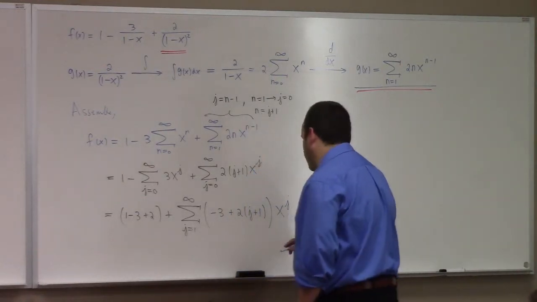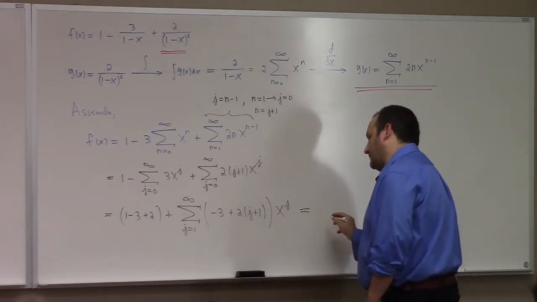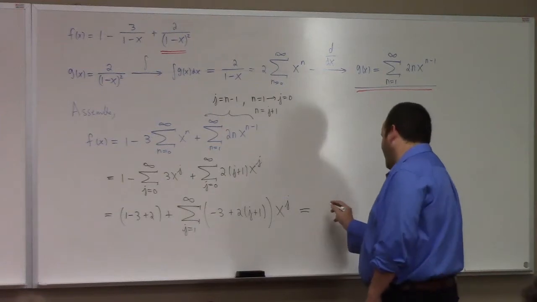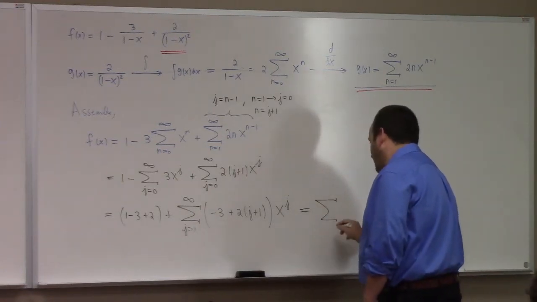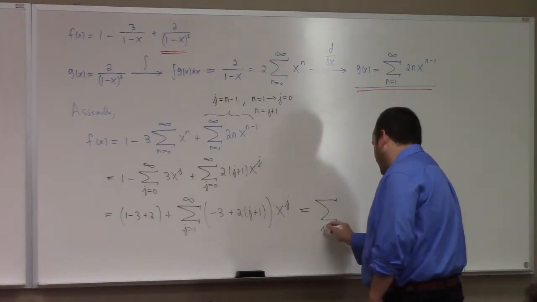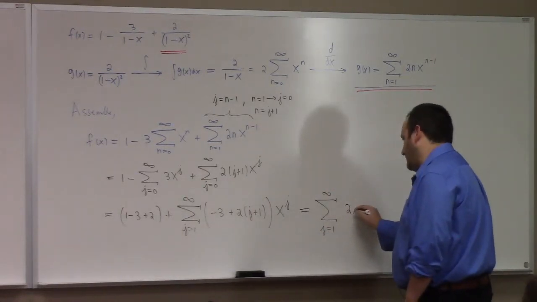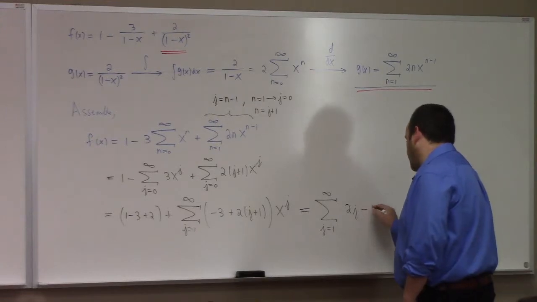I think I can clean that up just a little bit more. That's 0. The 0th term is 0, isn't it? That's funny. And here we get 2j minus 1.